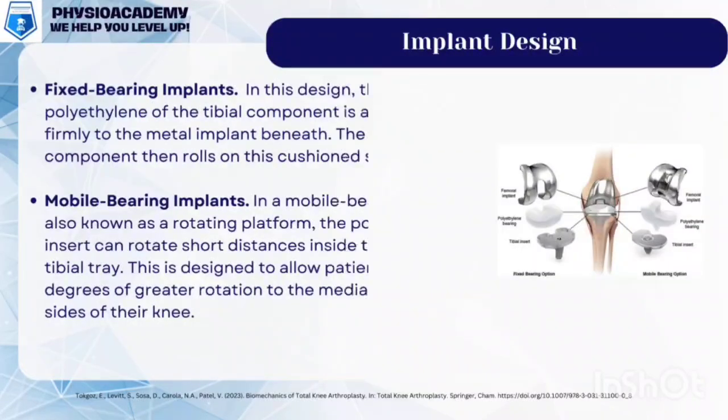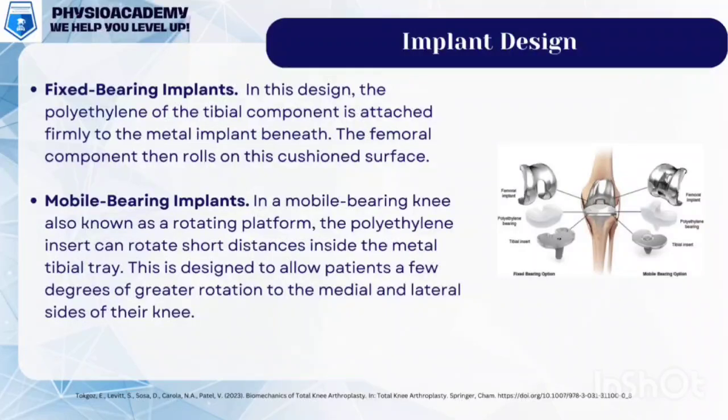The next classification of implants is according to the design. It can be fixed bearing implants or mobile bearing implants. In fixed bearing implants, the design is such that the polyethylene of the tibial component is attached firmly to the metal implant beneath, such that the femoral component then rolls on this cushion surface.